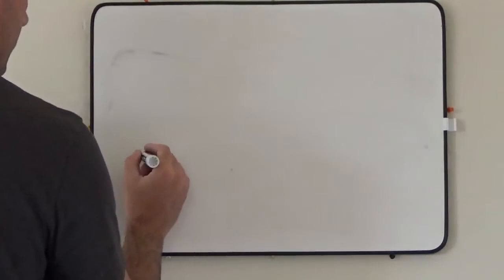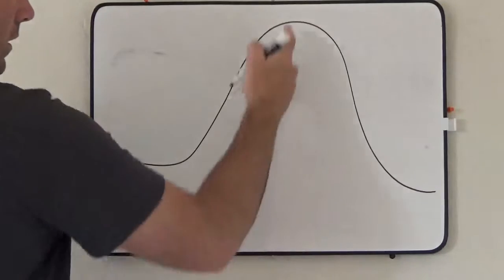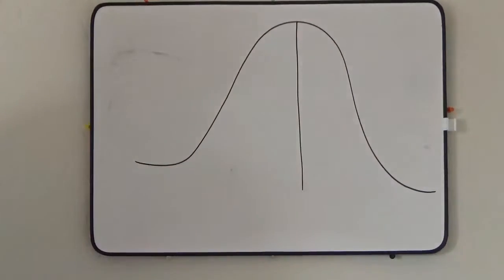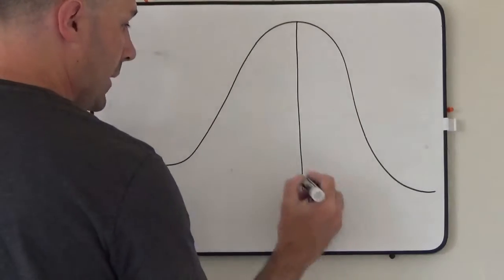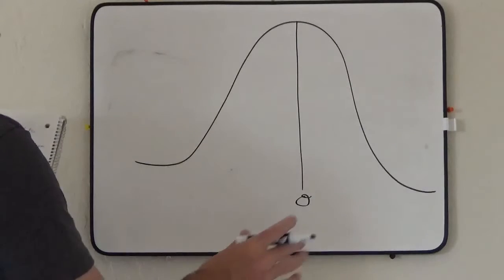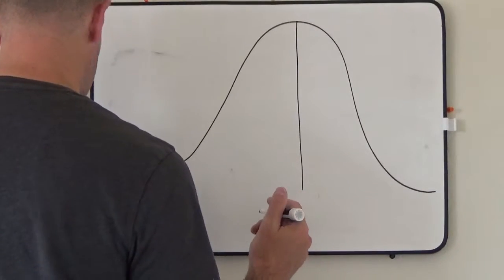Here's our bell curve. You'll notice there's a middle here and it's symmetrical on both sides. Now I drew it so it's obviously not perfect, but it's symmetrical on both sides more or less. Pretend, okay? This is our mean. Sorry, that's our mean. I don't know why I put that symbol. That means standard deviation.